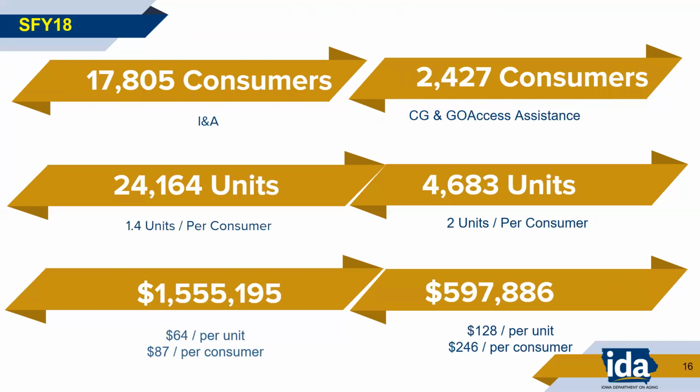This slide shows a snapshot of results related to the services of information assistance and caregiver and older relative caregiver. On the slide, 17,805 individuals received the service to date. 24,164 units or contacts were made with the consumers.